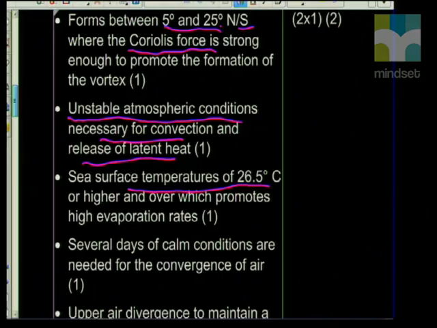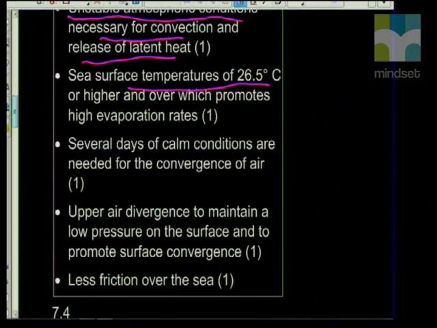Several days of calm. That's one beautiful thing, learners, in the sense that you cannot form a tropical cyclone overnight. Tropical cyclones take some time. You must remember that center, that eye must form. So air must keep on rising, and the temperature gets lower and lower.